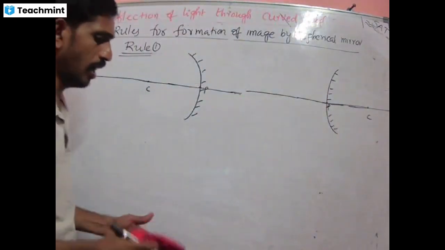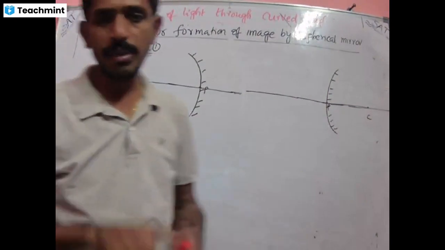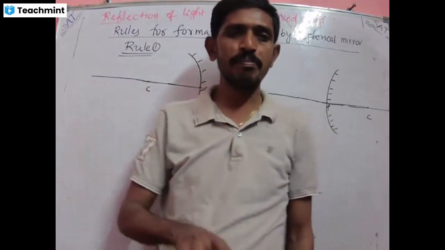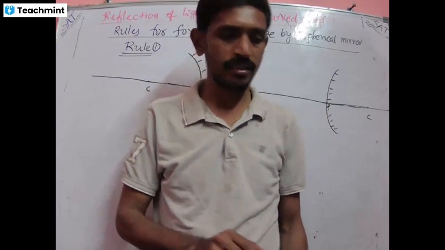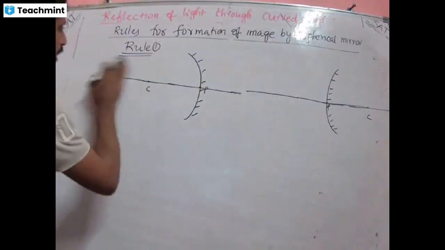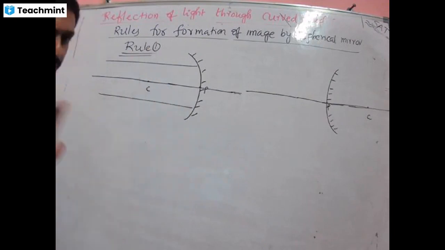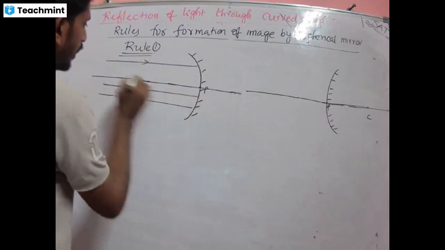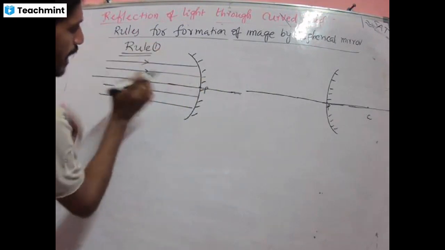Okay, right. Now the first rule, rule number 1. A beam of rays which are parallel to the principal axis. I draw the rays here. This is the first ray and the second ray. You can take so many rays. This is also the third ray and the fourth ray, which are parallel to the principal axis.